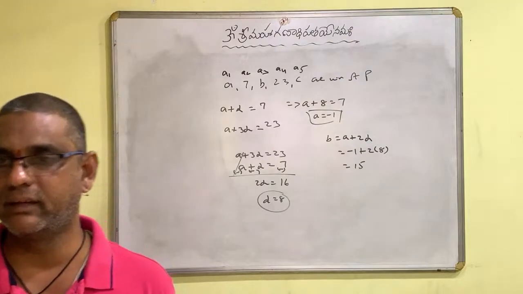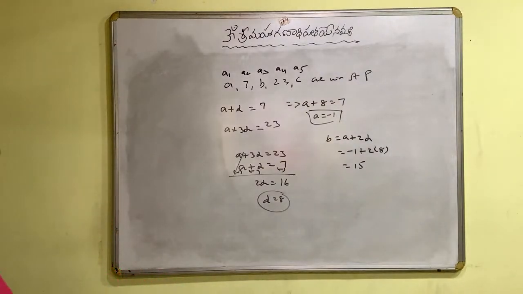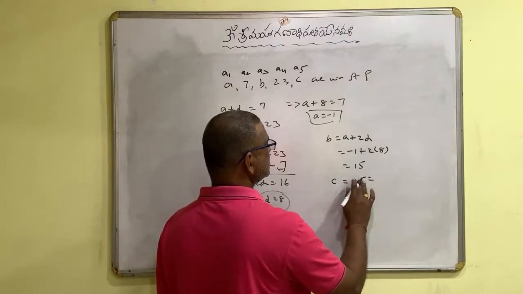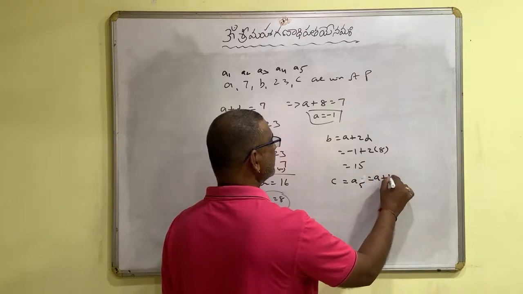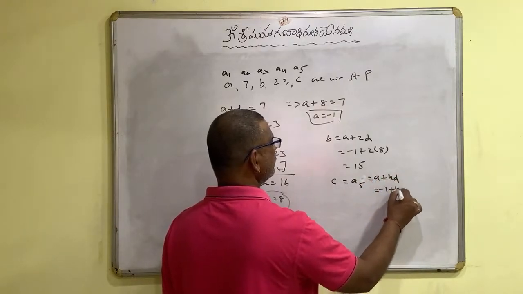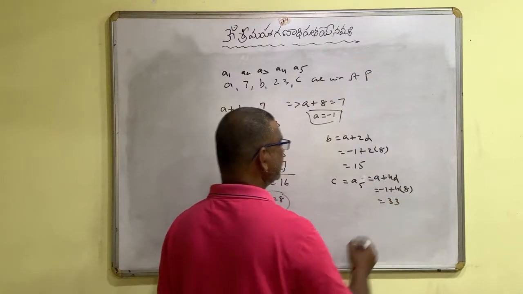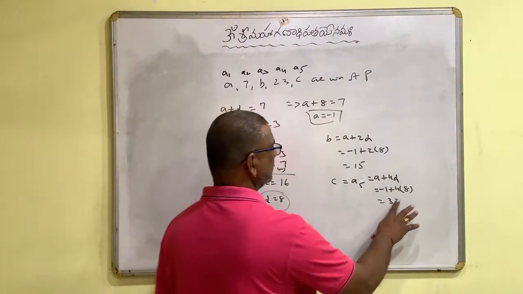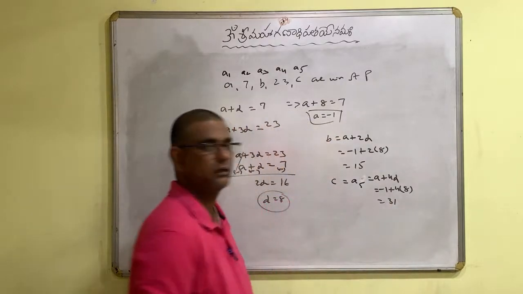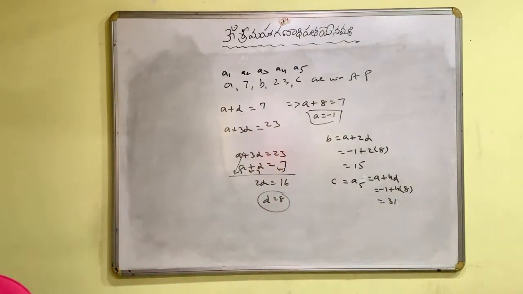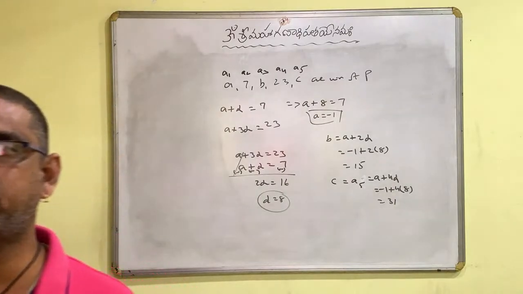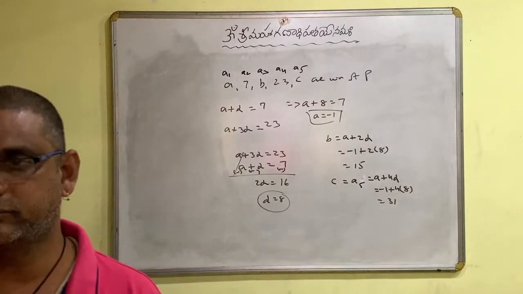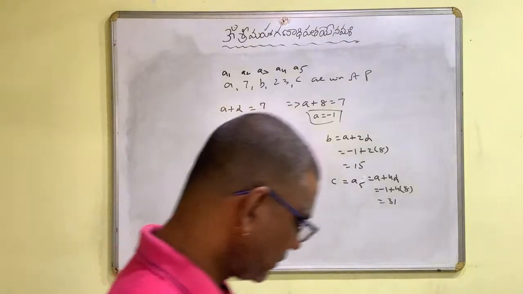B value is 15. Now what is C? C is A5, which is A plus 4D. Minus 1 plus 4 into 8, 33. Yeah, 31, sorry. 31. So A, B, C values: A is minus 1, B is 15, C is 31. Okay?